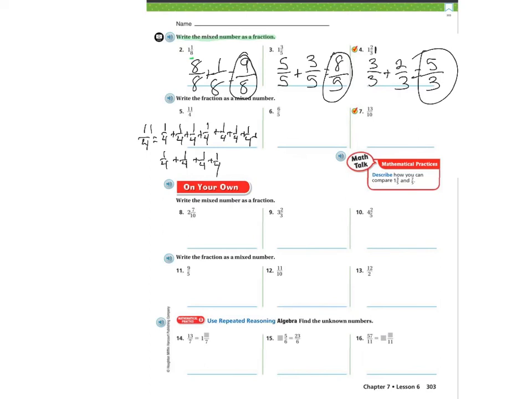Okay. Now, what are my wholes? How do I make a whole using fourths? Well, 4 over 4 equals 1. So what I'm going to do is I'm going to highlight all of my wholes, and I'm going to do different colors. 1/4, 2/4, 3/4, 4/4.